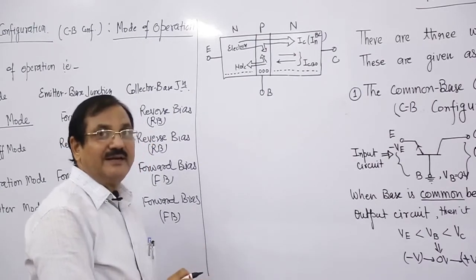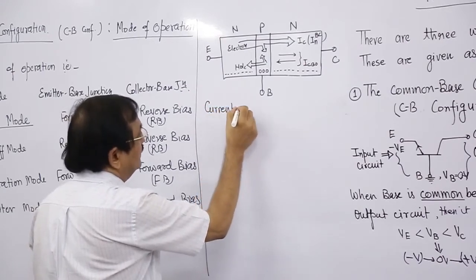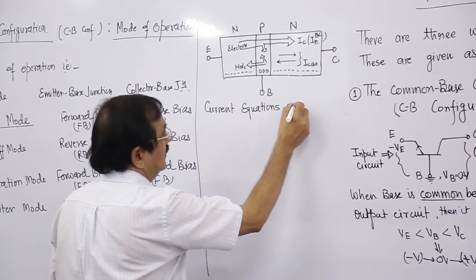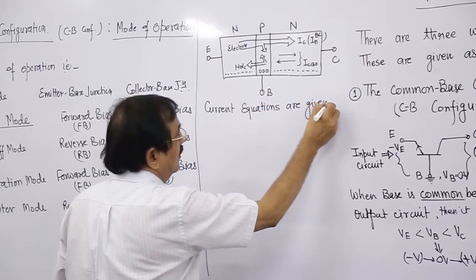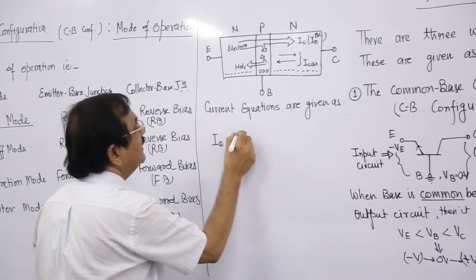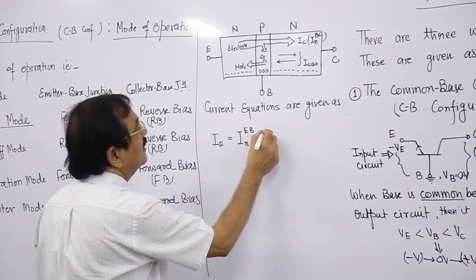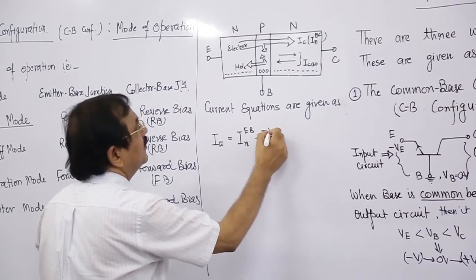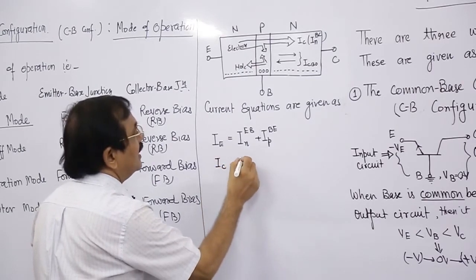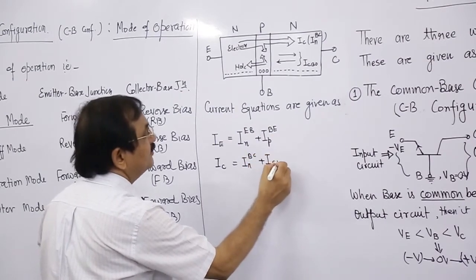we have three current equations. The current equations are given as: IE is INEB plus IPBE, and IC is INBC plus ICBO.